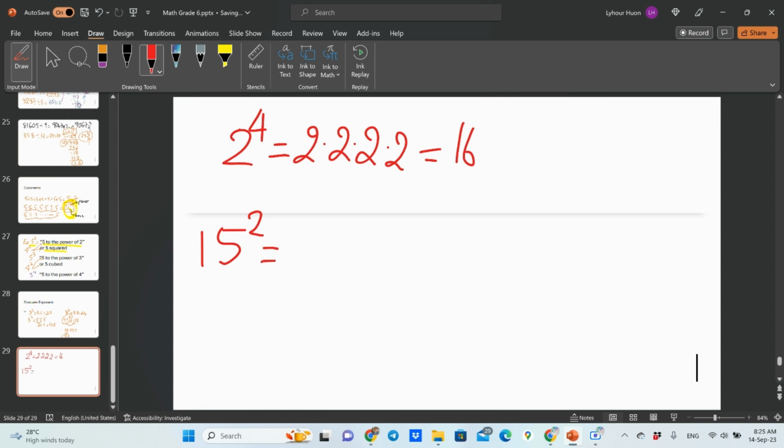What is the result for 15 times 15? 15 squared.